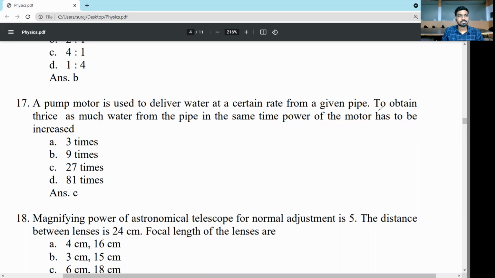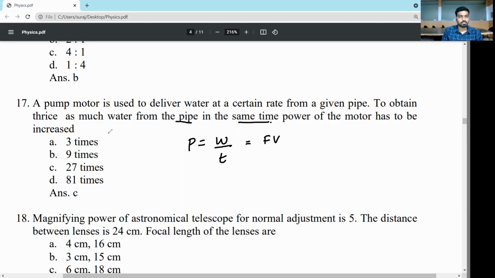To obtain thrice as much water from the pipe in the same time, power of the motor has to be increased how many times? Power is equal to what? Work done by time. Work done is what here? You can say dmv by dt, rate of mass, or force times velocity. F dot s, power is force times velocity.